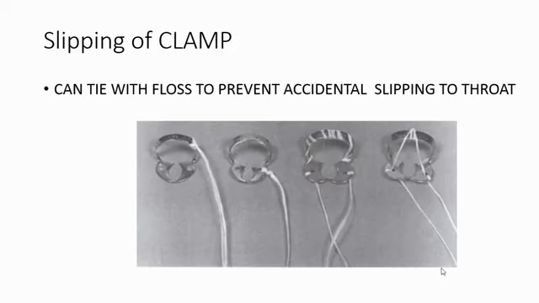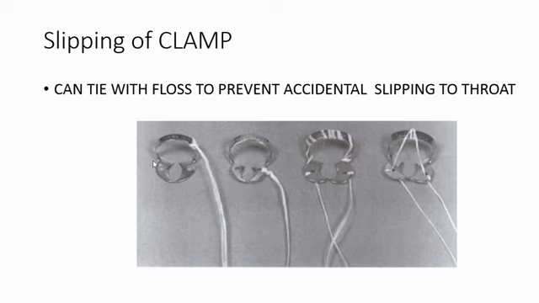See, as you are starting with rubber dams, these are the clamps, the components of the rubber dam kit which we place on the tooth. Because the oral cavity is open and the patient can swallow, in the beginning you will not be comfortable enough, maybe for placing the clamp, especially on an upper 7. So it may slip sometimes, so you can take a precaution for slipping of the clamp.